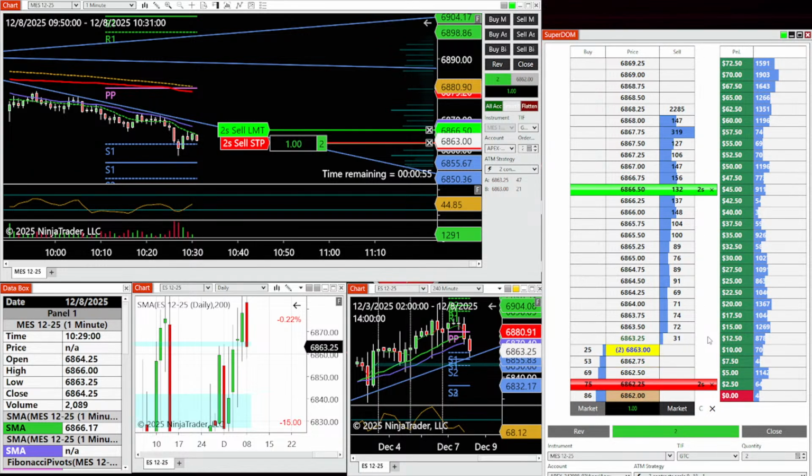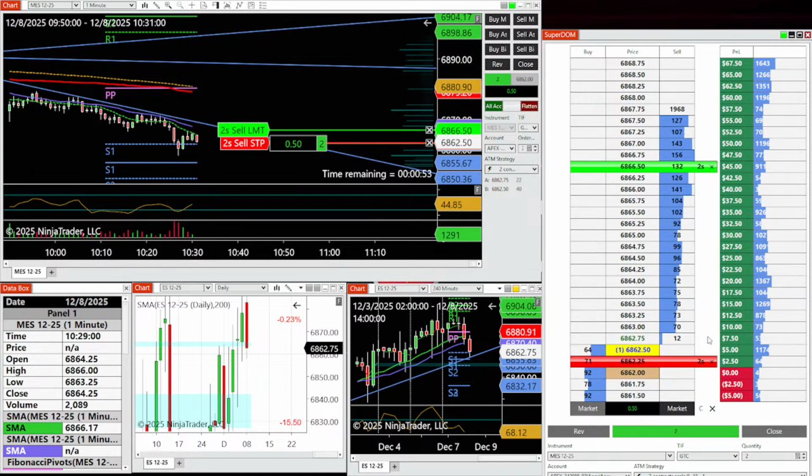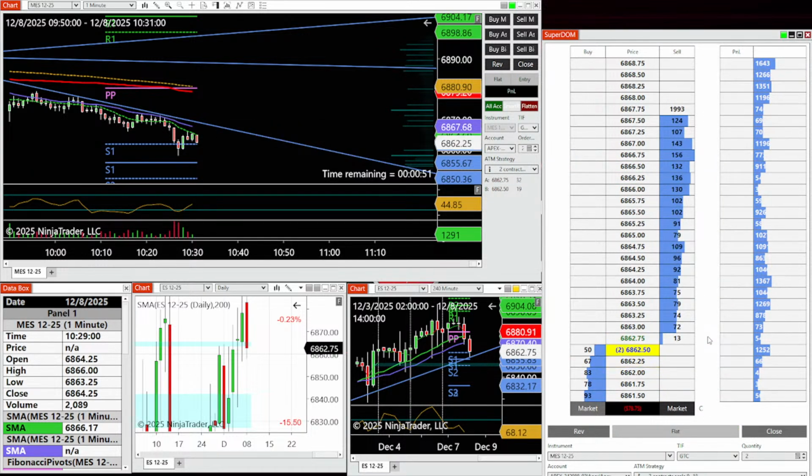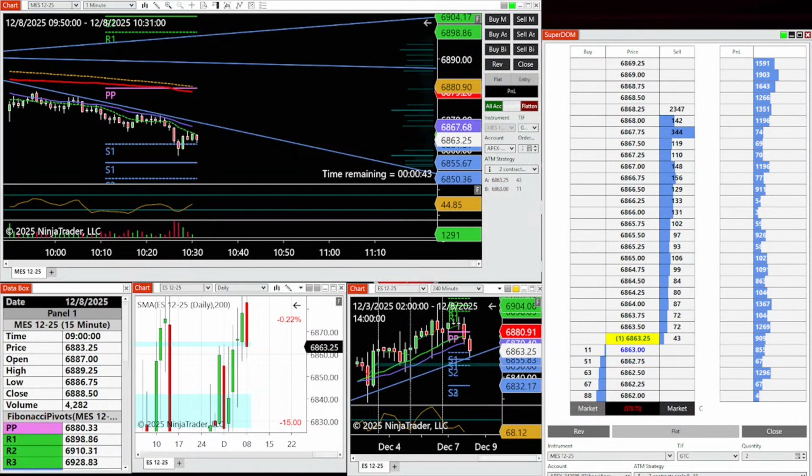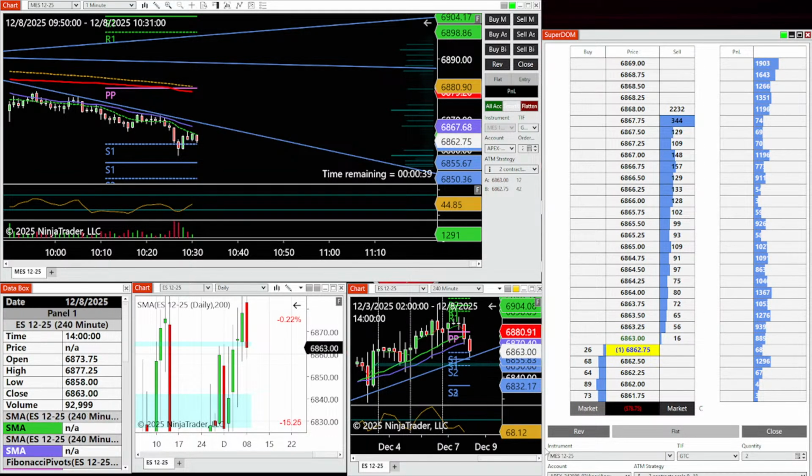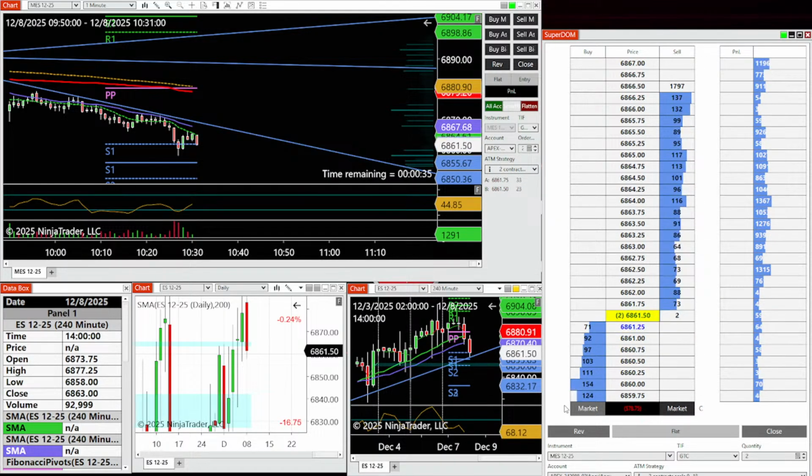Another 15-minute bar opened up and just came down. So 4 points is really not working in my entries so far. The high on this 15-minute bar is 64 and a quarter. And just came down.